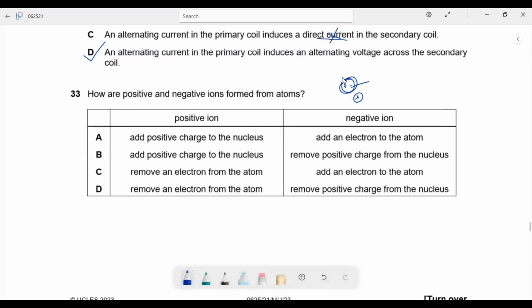And suppose you are adding an electron to an atom, already positive, negative is there, that you are adding one more electron, it will be a negative ion. So here the right answer is C. Suppose you are removing an electron from the atom, positive ion is being formed. If you are adding an electron to the atom, negative ion is being formed.